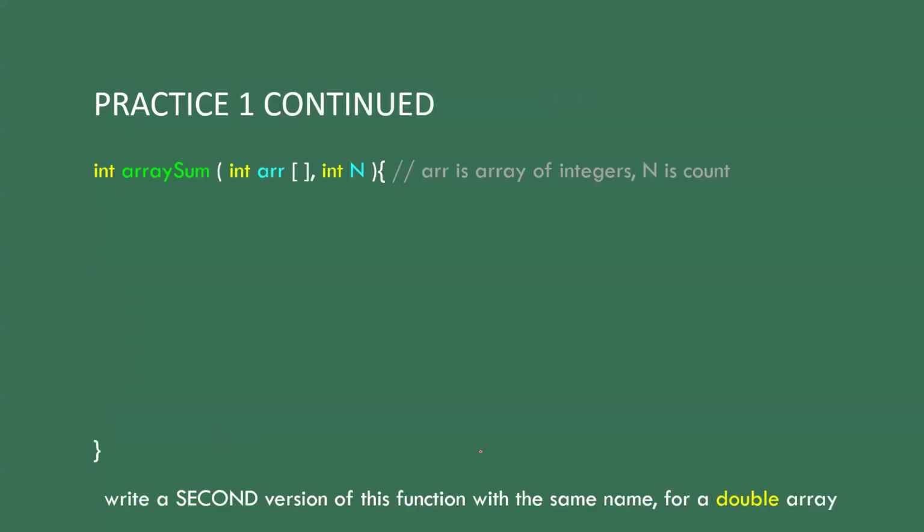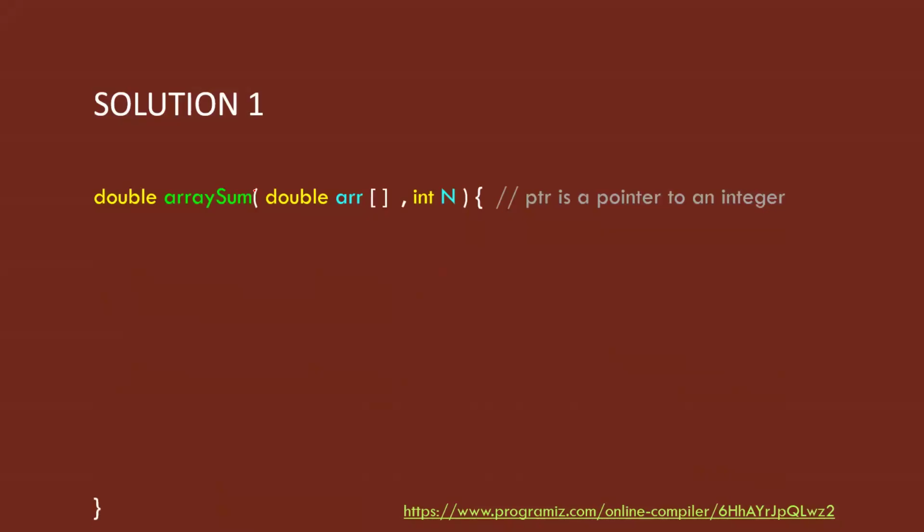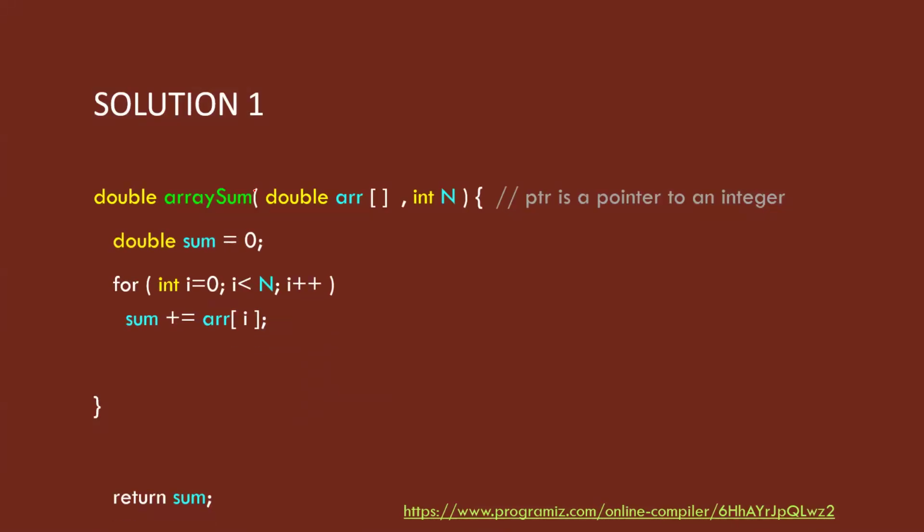Now, also we have to deal with typing, right? So here is our sum of array of an integer array. But if I wanted to write a version of this that dealt with double array values, I need to write a whole other version of this function, okay? So there's our double version, okay? So I won't have you do all these right now. I just need to kind of fly over the top of them.